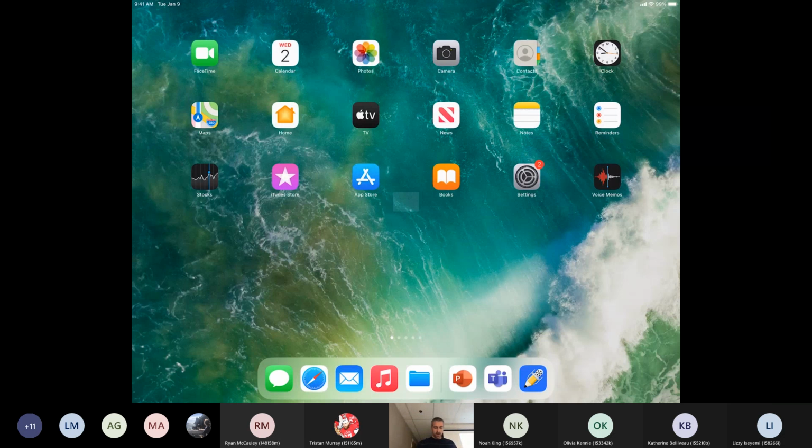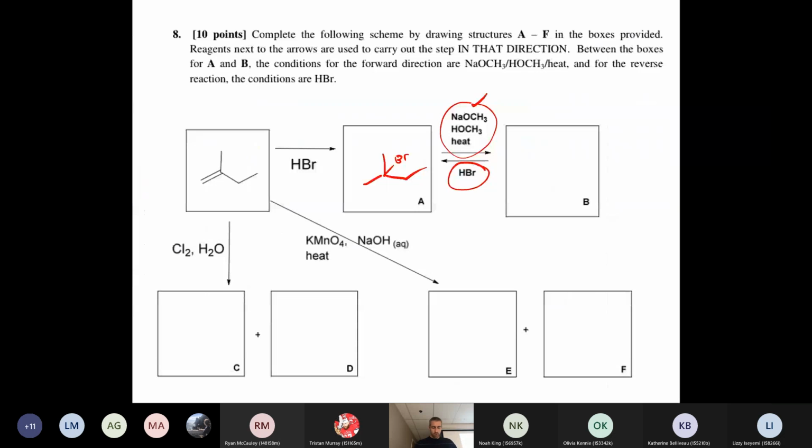Okay, let's finish this one off. Going forwards, we have what I would say are E2 conditions. E2, small alkoxide will give you the Zaitsev product, which is that one. Going backwards and reverse, you'll get A back from B by reacting with HBr.